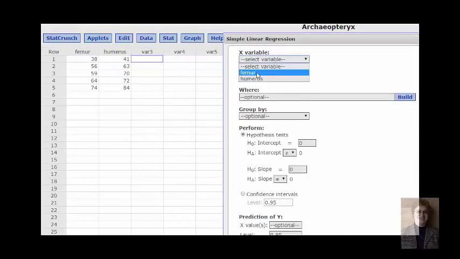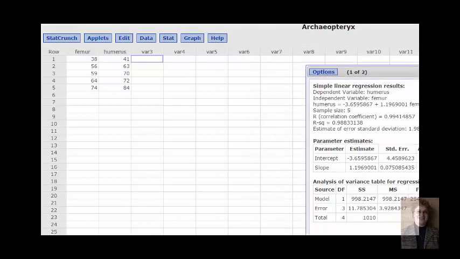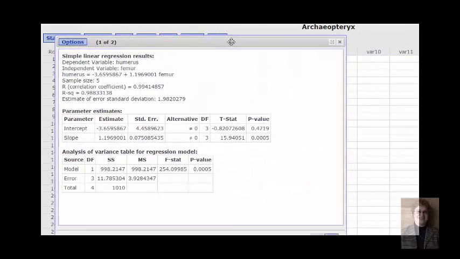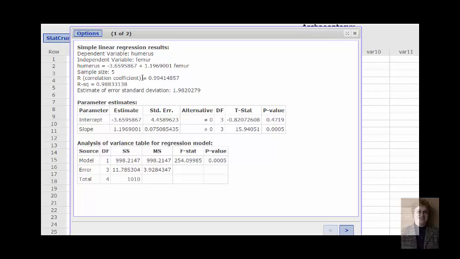My x variable is the femur, and the y variable is the humerus, and I'm simply going to do Calculate, Compute, and here I get my data, and you can see that my correlation coefficient is 0.994. My p-value is 0.0005, which is very small, and so I have a strong positive correlation coefficient.